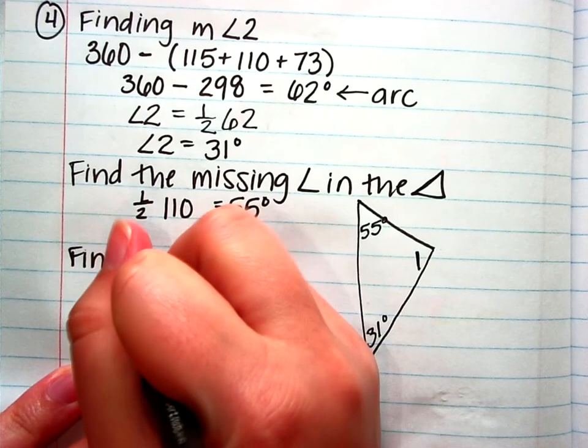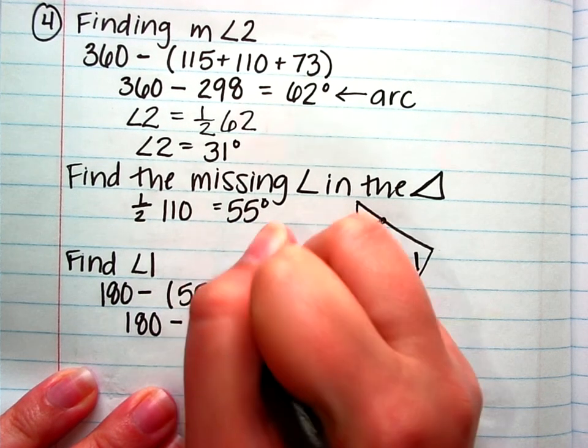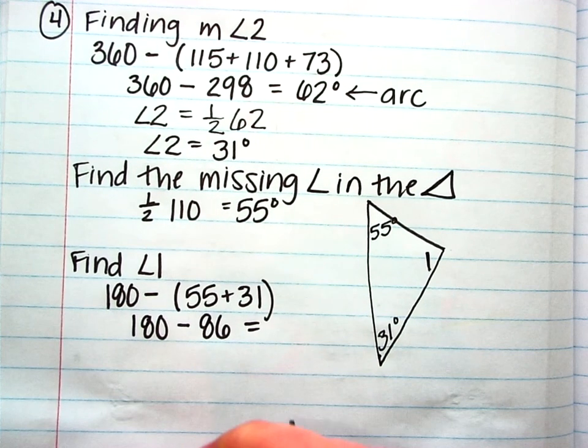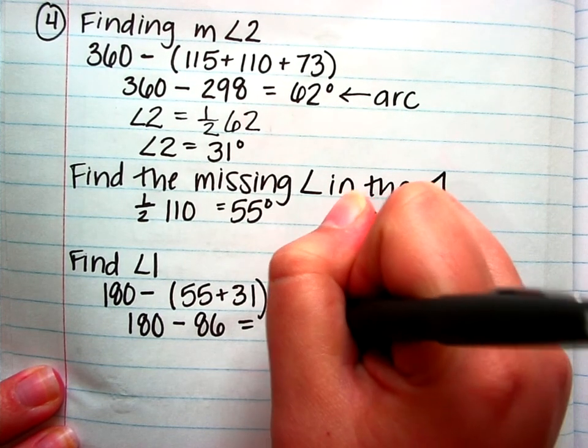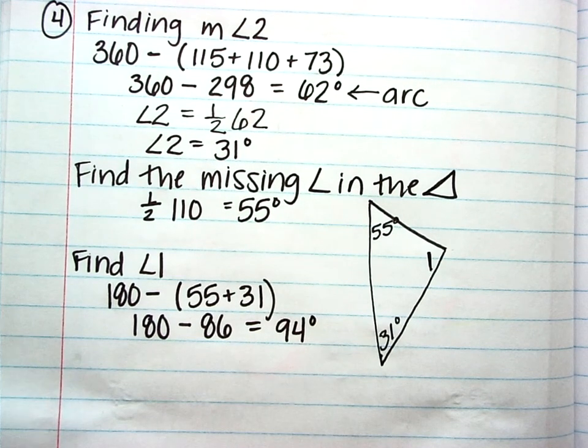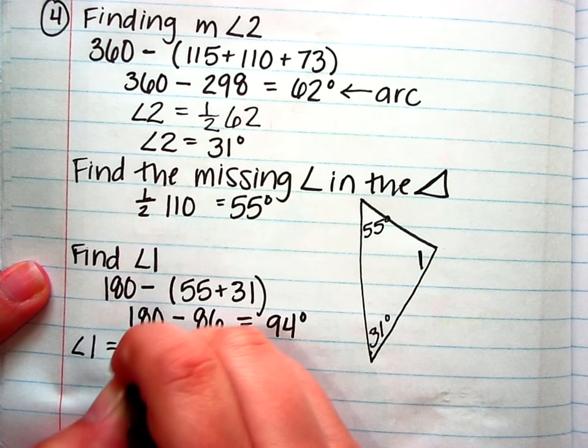So we have 180 minus 86, which will give us 94. Okay, so we know that angle 1 is 94 degrees.